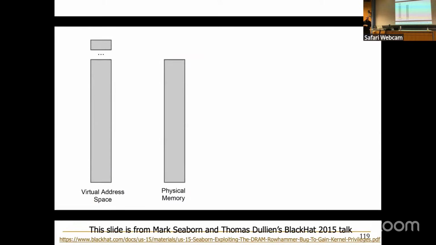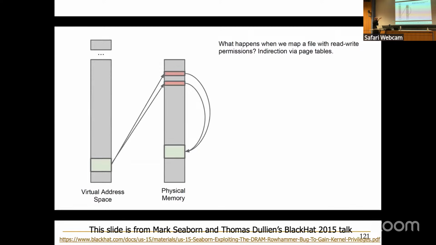How did the authors do that? In the virtual address space, they allocate a page and then map it in the physical memory. So the question is, what happens when we map a file with read-write permissions? The page table gets created. The virtual address corresponds to this page table entry, which points to the physical location.